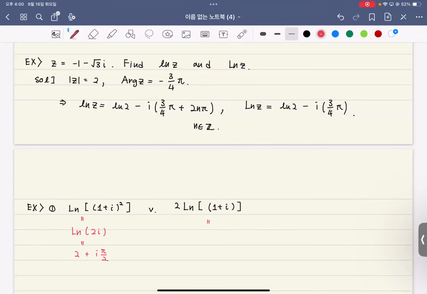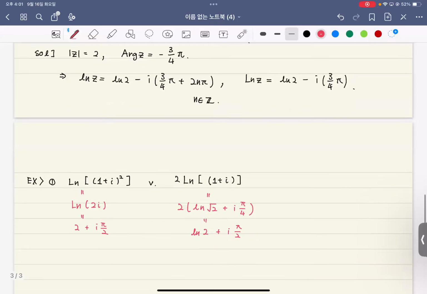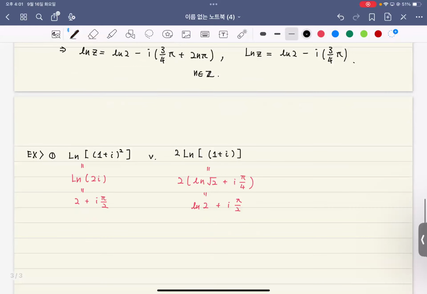On the other hand, this is 2 times ln of square root of 2 plus i times pi over 4. So this is just the real natural log, 1/2 of ln of 2. So multiply by 2, this is just ln of 2 plus i times 2 pi over 4. Okay, good. So this is something that we have expected.